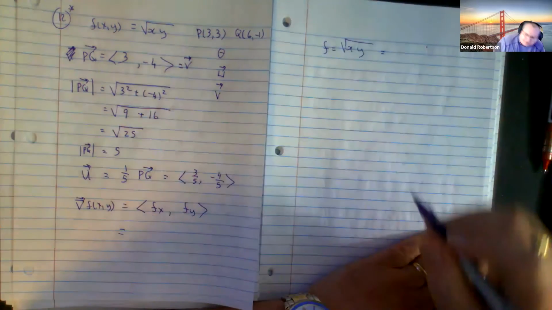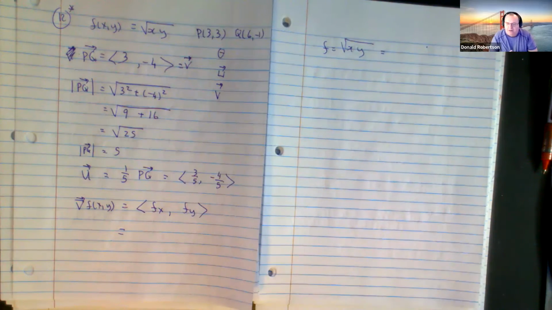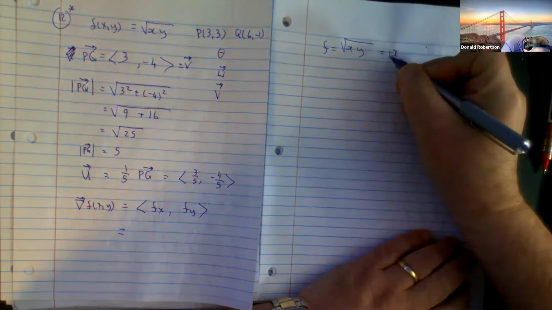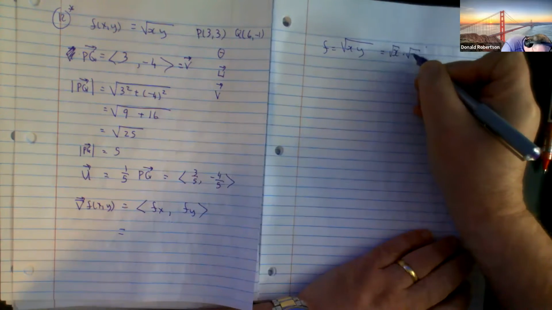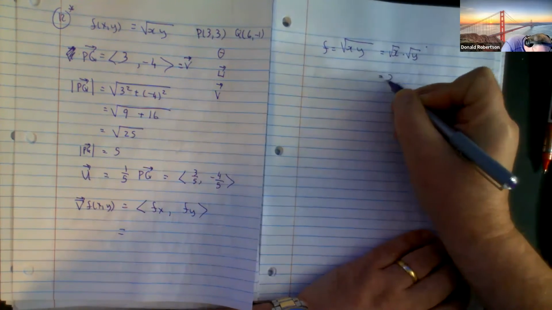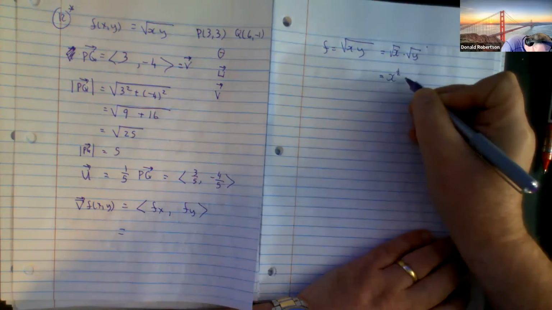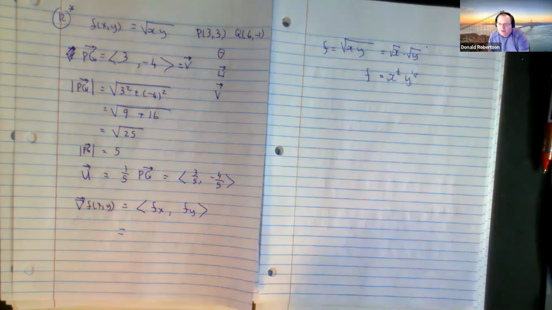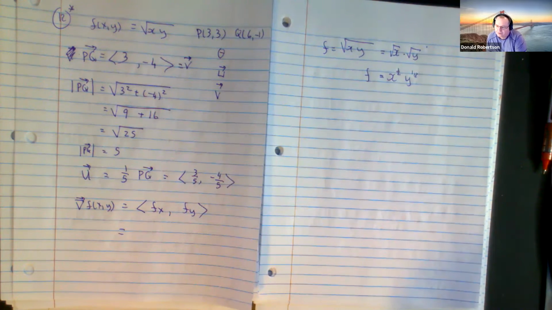In the format that it's written, I'm very likely to screw up. So I'm going to call it the square root of x times the square root of y, and then I'm going to turn it into x to the half, y to the half. Now, by writing it that way, won't it be just easier to use the power rule? Because that's essentially what this is. It's a fractional power rule.